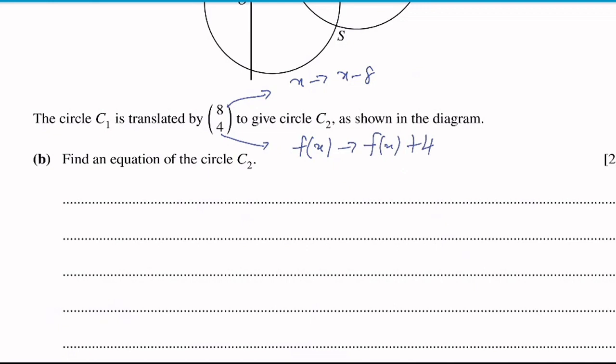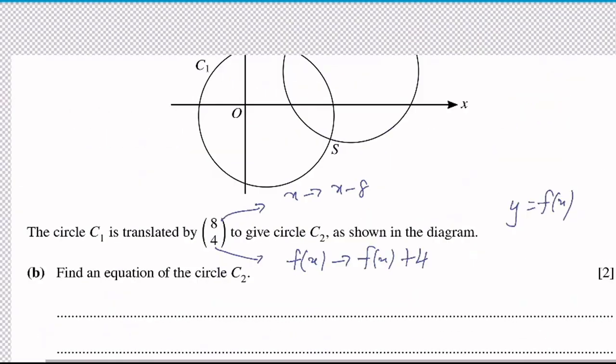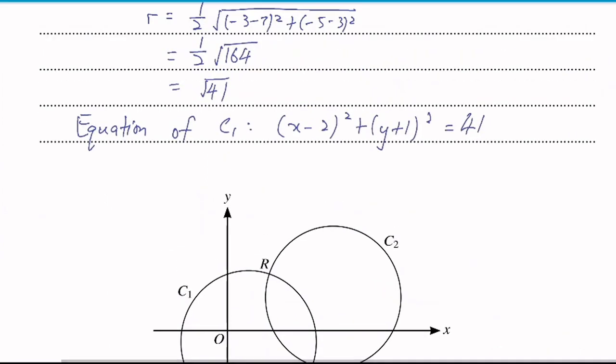But this kind of transformation works only when we have something like y equals f(x), where y is in terms of x. Because the circle here is a bit different, we have an implicit relationship involving the x and y there. So we can't overthink about this one.